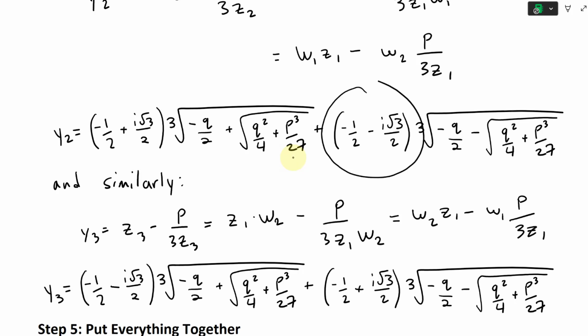This is w1, this is w2. w1 and w2's only difference is the minus sign. So plus, minus, and these are exactly the same thing. Cube root, negative q over 2, etc. Dot dot dot.